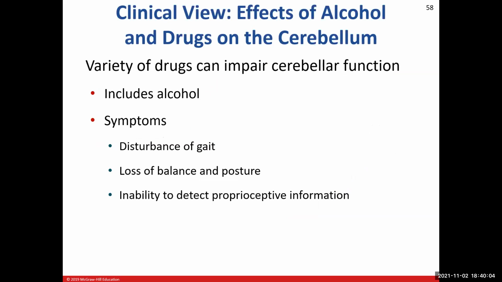Okay, so our first clinical view of tonight is the effects of alcohol and drugs on the cerebellum. All right, so essentially, if you've been driving, let's not even say that. Let's just say you're watching a movie and a character gets pulled over by the police officer because they've been drinking, and the police officer asks them to step out of the car and do what we call roadside tests.